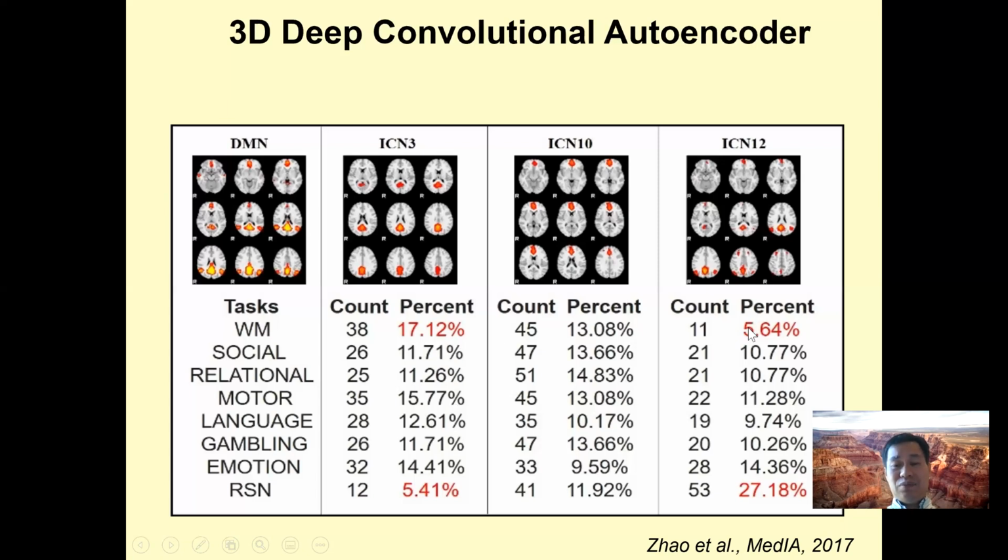So we have to be very flexible in terms of the definition or recognition of the resting state network in the fMRI data. That also reminds us that we need a more powerful approach to deal with the definition, recognition and detection of brain networks like the default mode network.